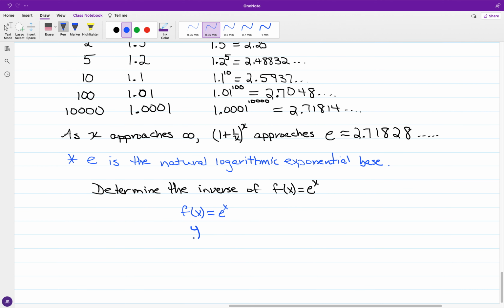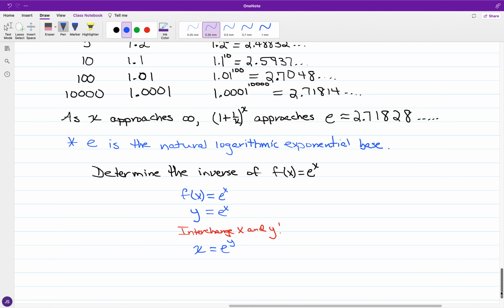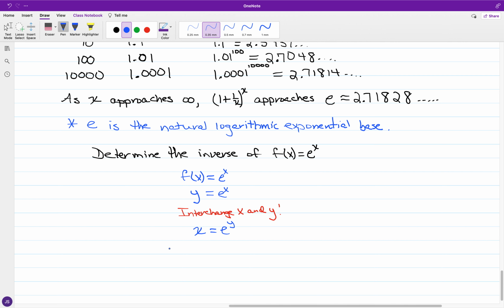So you have the transition from f of x to y is equal to e to the x, and if I look at interchanging x and y, I have that x is equal to e to the y. Again, to free up y, I'm going to take a base logarithm that matches the exponential base.